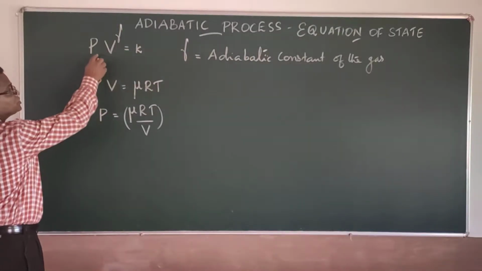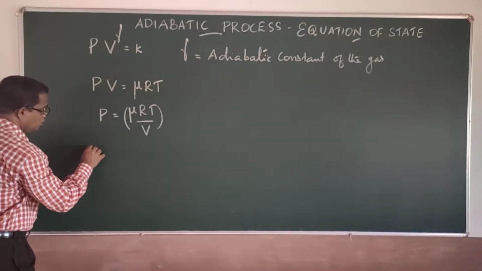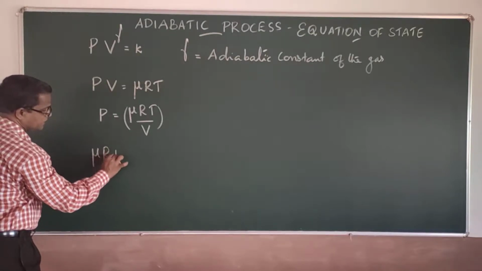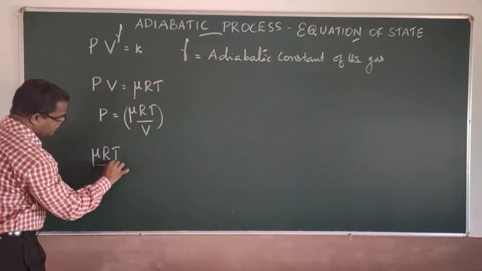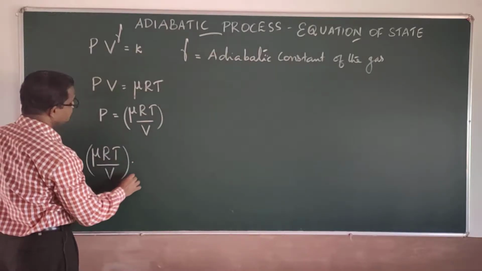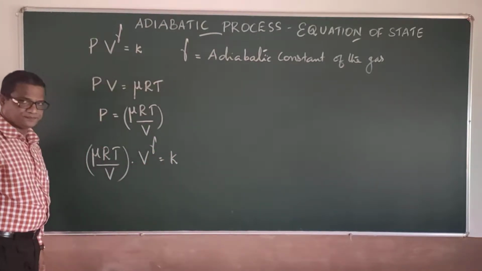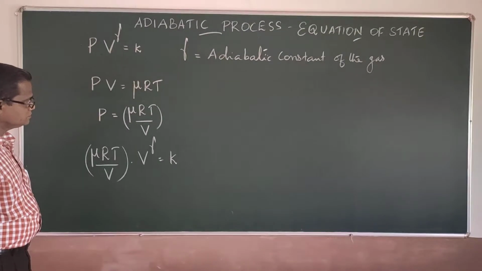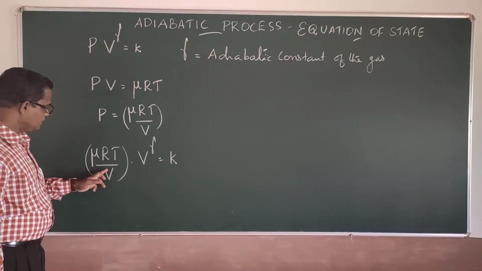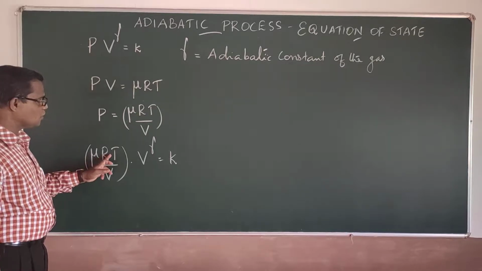So substituting for pressure, you get mu into RT divided by V into V raised to gamma as a constant. So here mu constant, R constant.